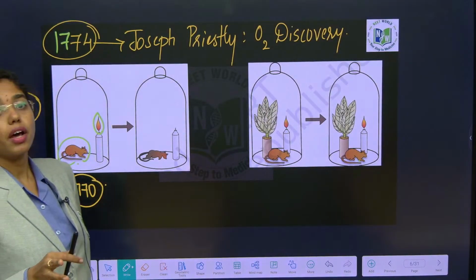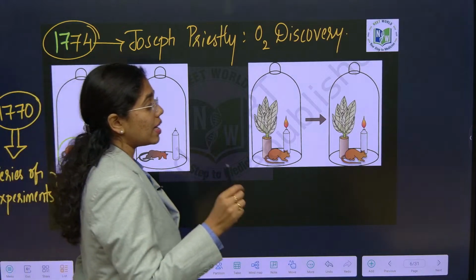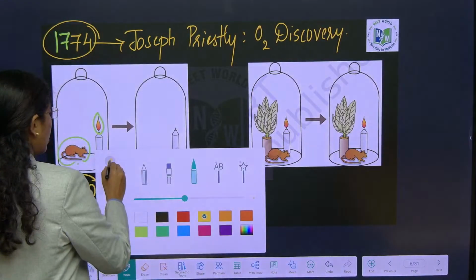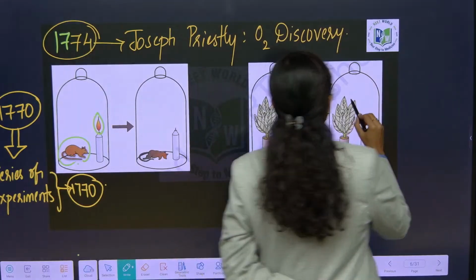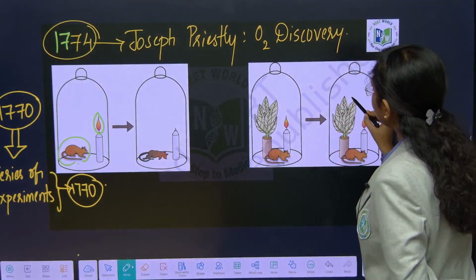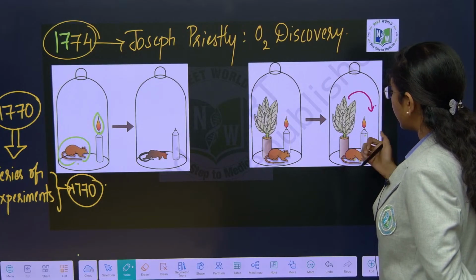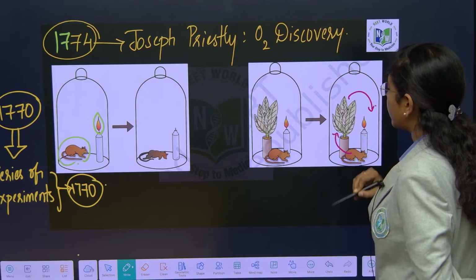With this result, Joseph Priestley said that there is some gaseous exchange happening between the live mint plant and the mouse and candle. The gas released from the mint plant is taken by the mouse and candle, and the gas exhaled by the mouse is taken by the plant.